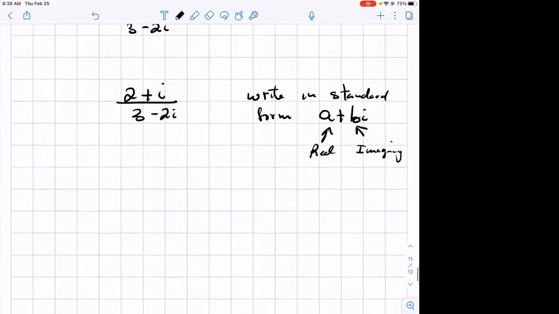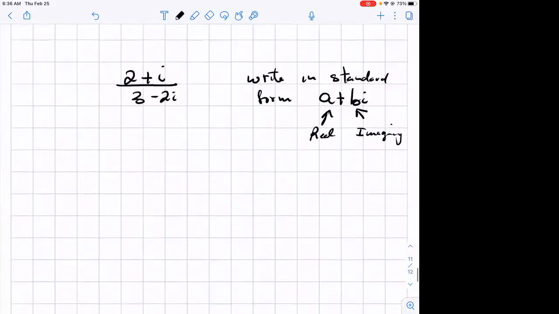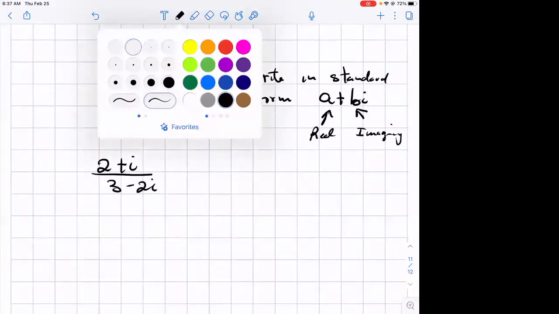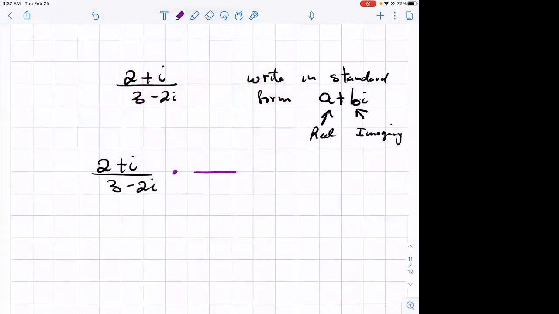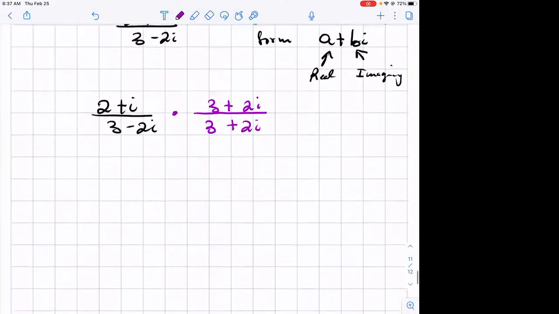So to do this, we will multiply by its conjugate. We will multiply this by the conjugate, which is 3 plus 2i, because there is no way you can split that and write the i separate from the real part.